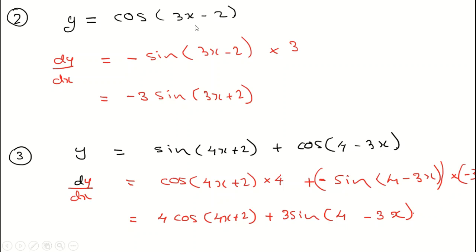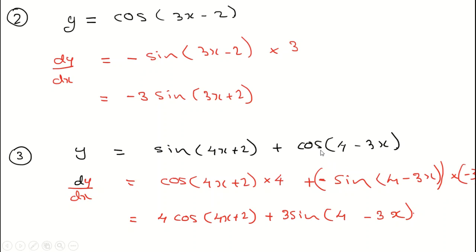Y equals cos of 3x minus 2. Sin of 3x minus 2 into, when you differentiate this, 3, so minus 3 sin of 3x minus 2. Y equals sin of 4x plus 2 plus cos of 4 minus 3x. So when you differentiate sin, it is cos, this is 4.